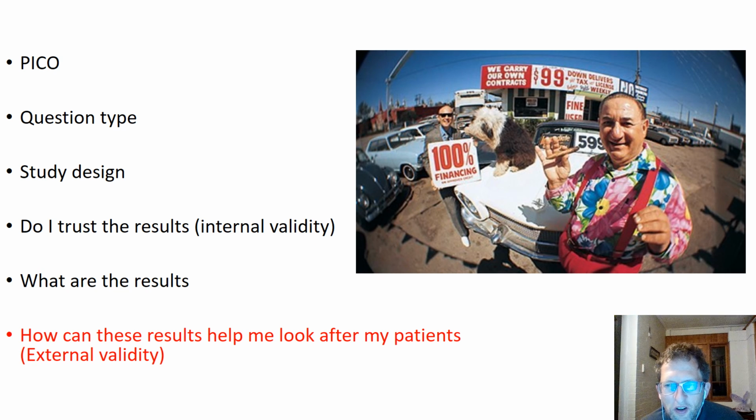I then finished off the session by talking about external validity, which is the last part of looking at a paper. And essentially it's about how will these results help me look after my patients.